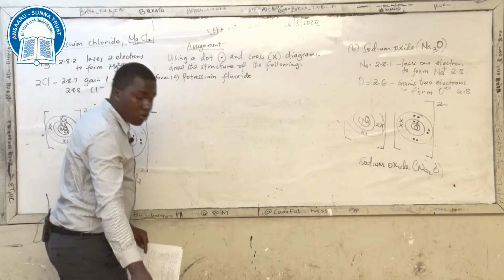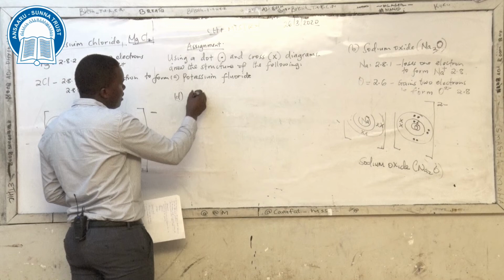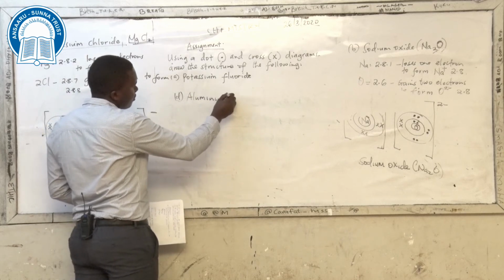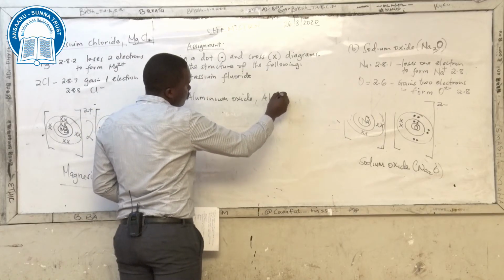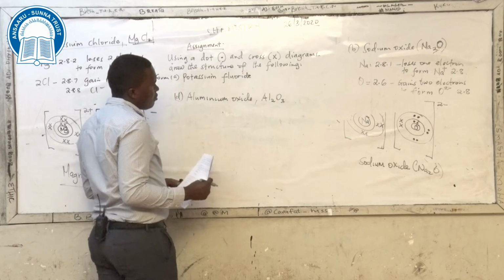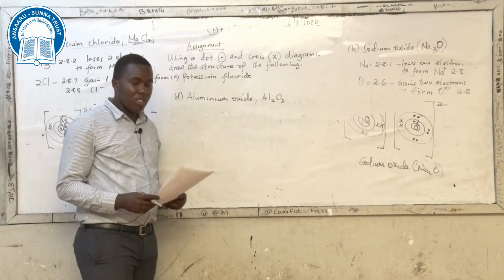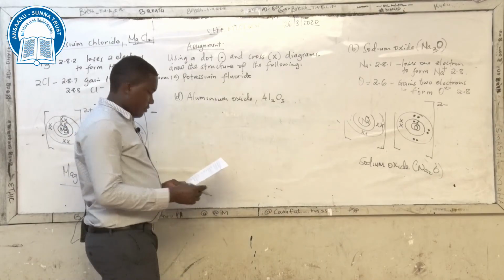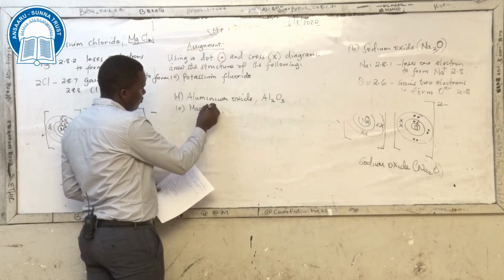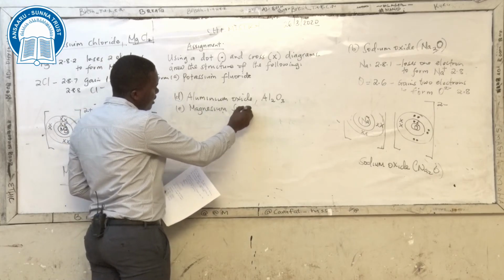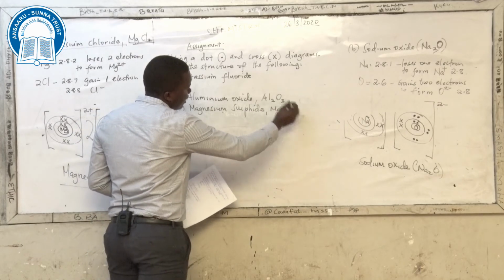for the following compounds. So we are at C, so I want to start from D. So D, you will do aluminum oxide. Aluminum oxide is Al2O3. So it means that you require 2 aluminum atoms and 3 oxygen atoms. And you know how you can use those numbers once you have drawn the ions. Then, magnesium sulfide, which is MgS.